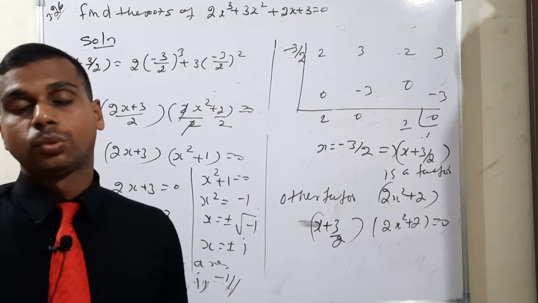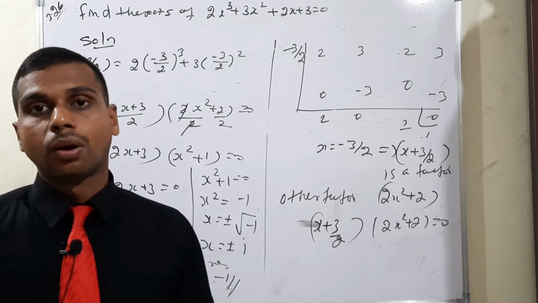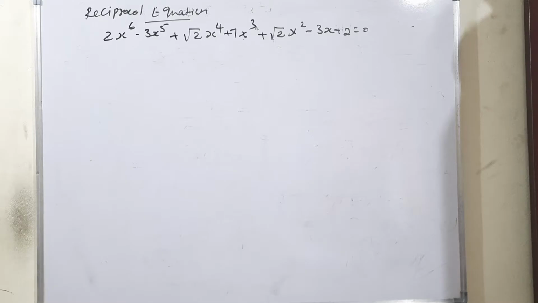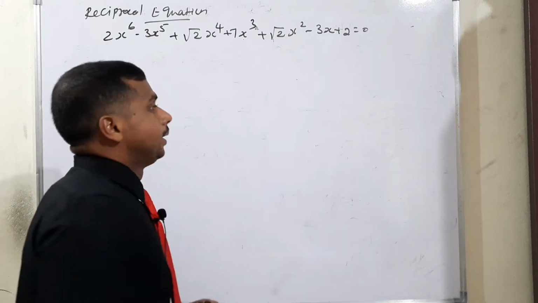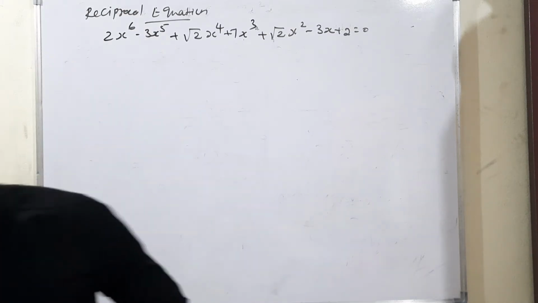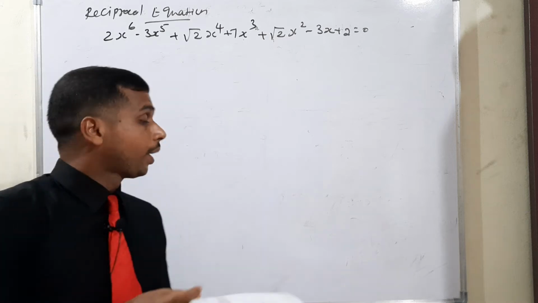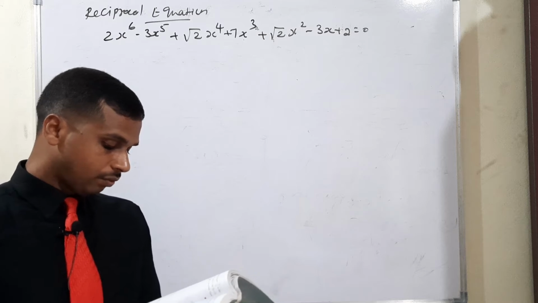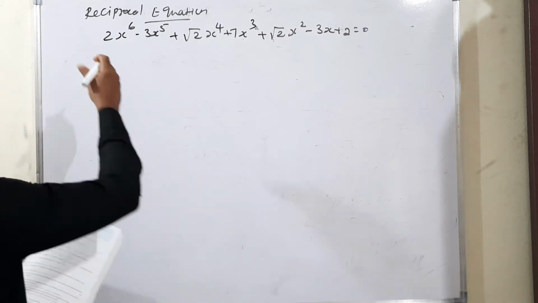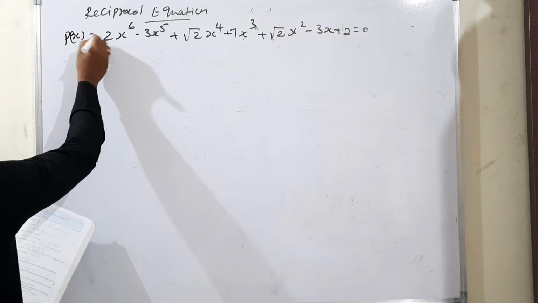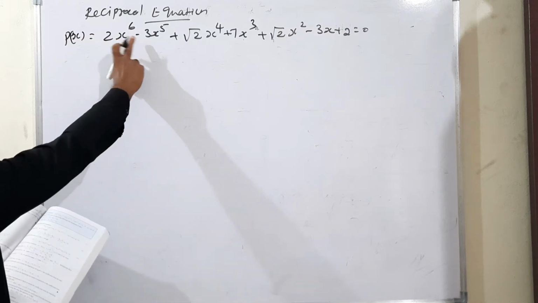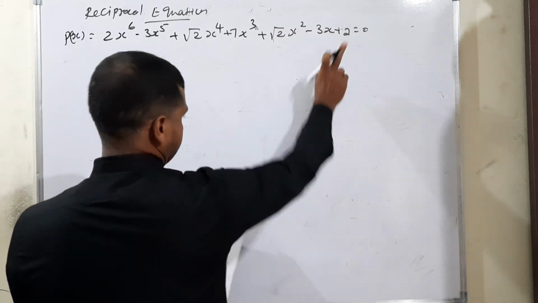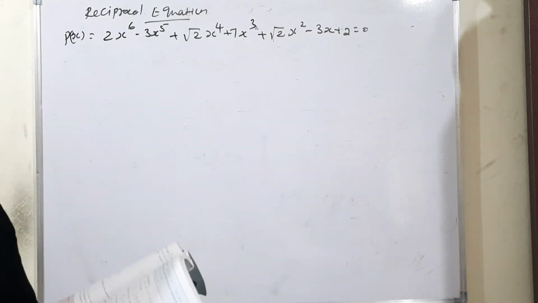I will continue with the next important basic concept, that is called the reciprocal equation. In your book it is also given: when can you say this is a reciprocal equation? A polynomial p of x of degree n, where each and every term depends upon x to the power 5, x to the power 4, x cube, x square, x, and a constant.